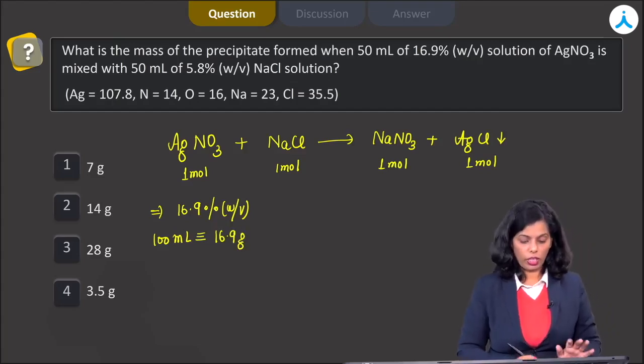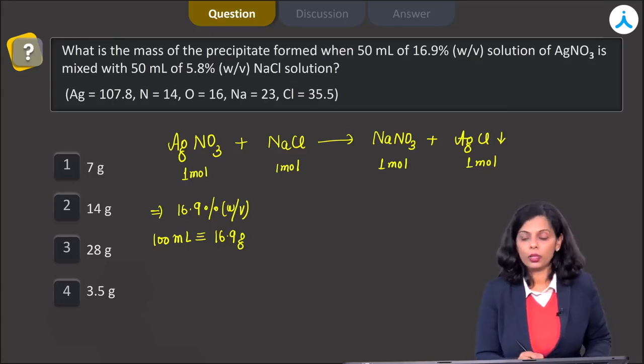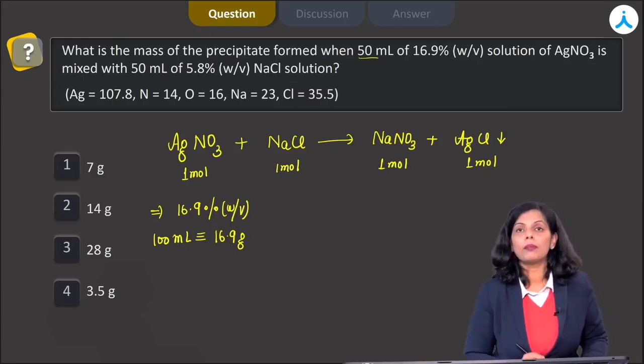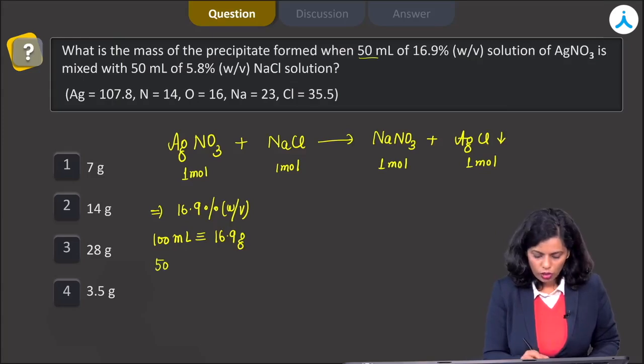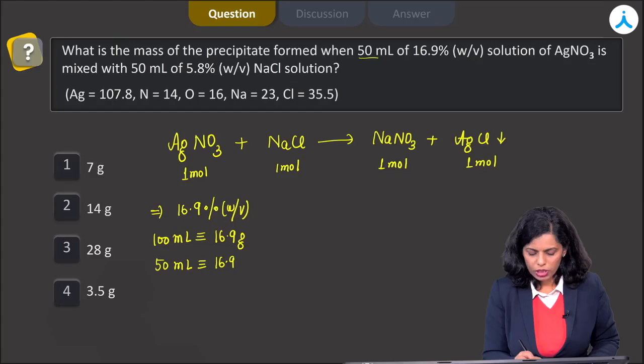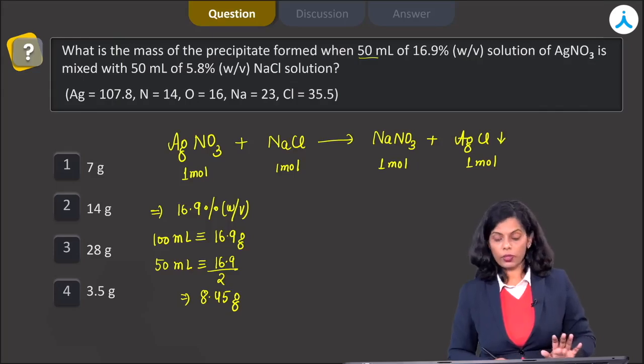Clear? But you don't have 100 ml, you have only 50 ml. So for sure, if you are taking 50 ml of it, then 16.9 by 2, that is 8.45 gram is the amount of AgNO3.